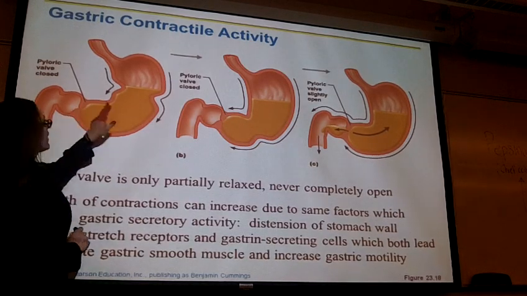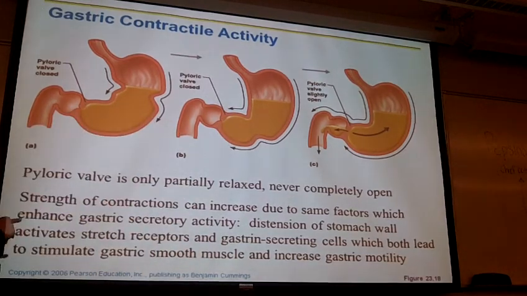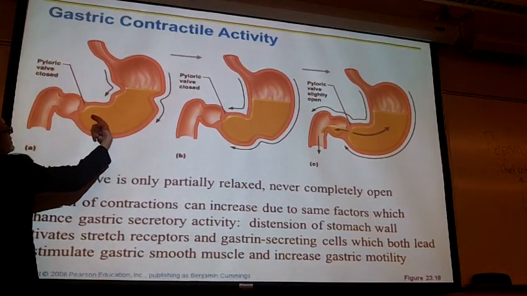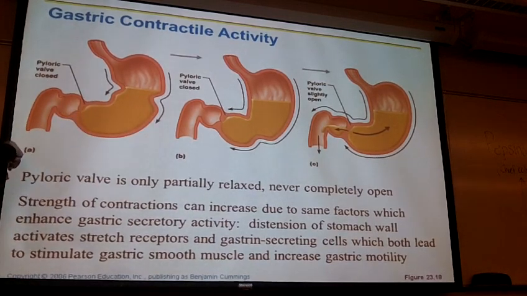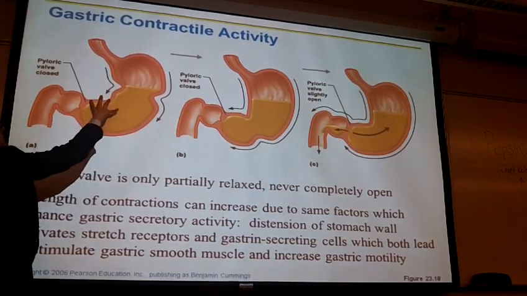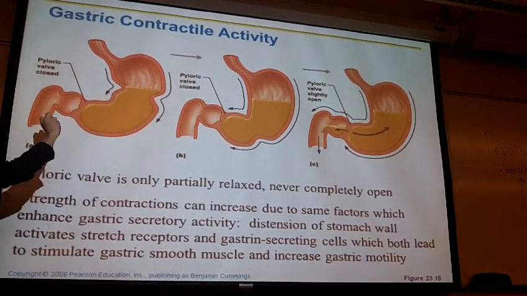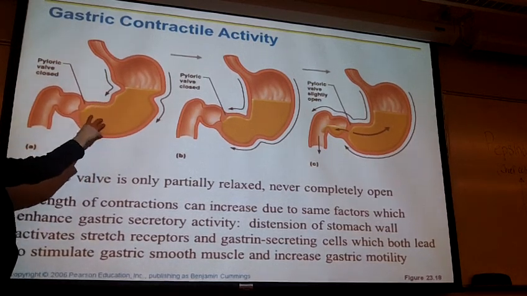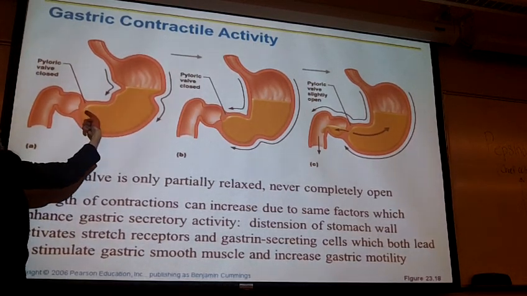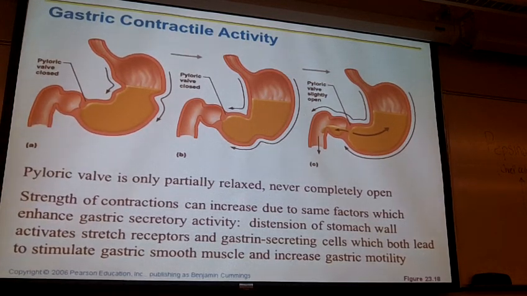This pyloric valve right here is going to act like a filter. And as material is moving from the stomach over into the small intestines, this pyloric region here is going to undergo peristalsis, and with every wave of contraction in this pyloric region, you're going to get about 3 mils of chyme moving over into the small intestine.